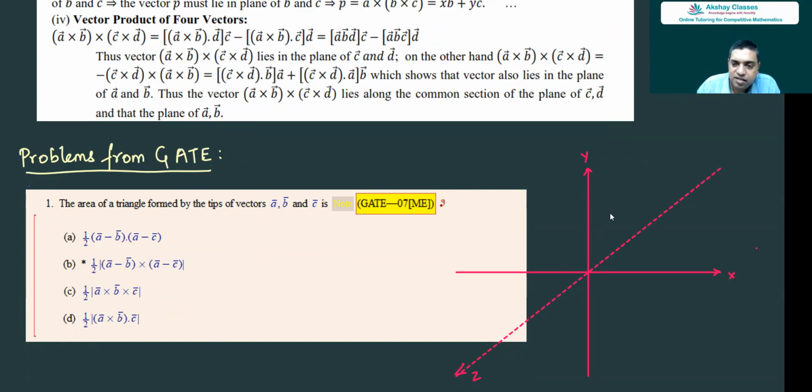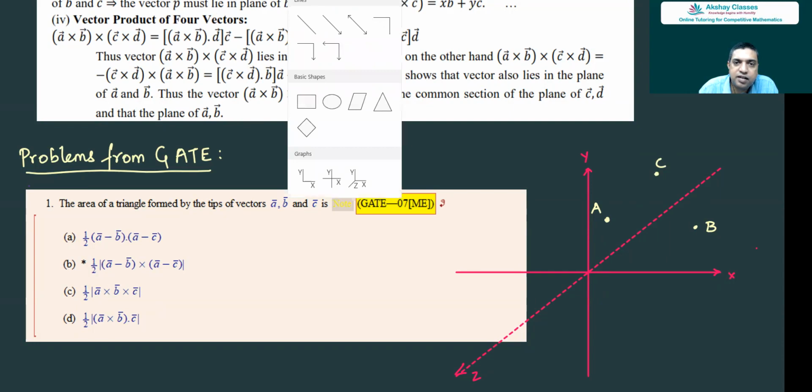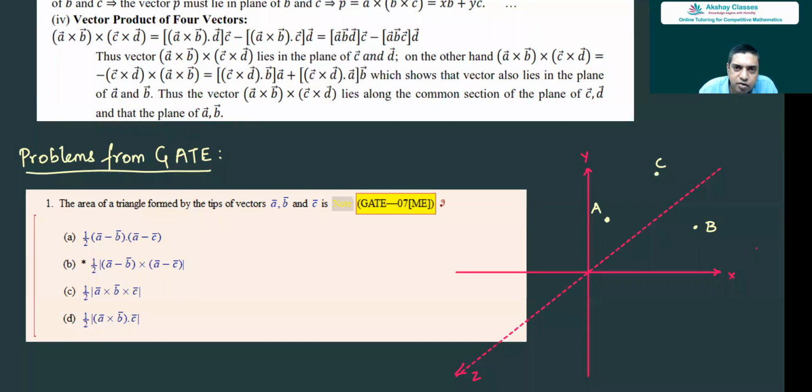A bar, B bar, C bar are position vectors of three points. Let us say A, B and C in space. So this is A, B, C. Now, if I draw vectors, they're not necessarily coplanar.